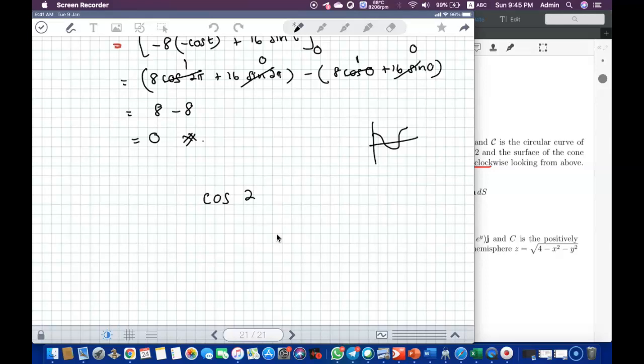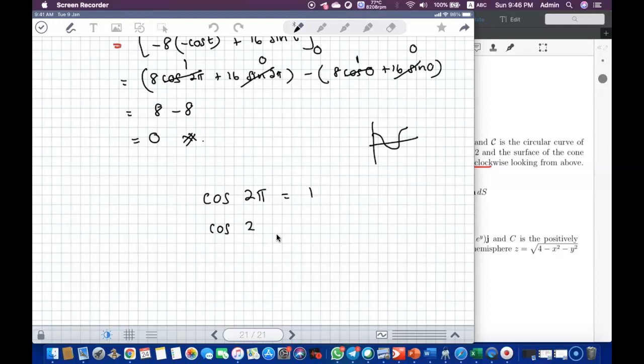But if you have cos 2 pi, don't leave your answer in cos 2 pi, otherwise you cannot get full marks. Because 2 pi is something common, we know that cos 2 pi will give you 1. But if your result has cos of 2, and 2 here is radian, you can leave your answer in terms of cos 2, because it is not something you're familiar with. So you have to take note of that.